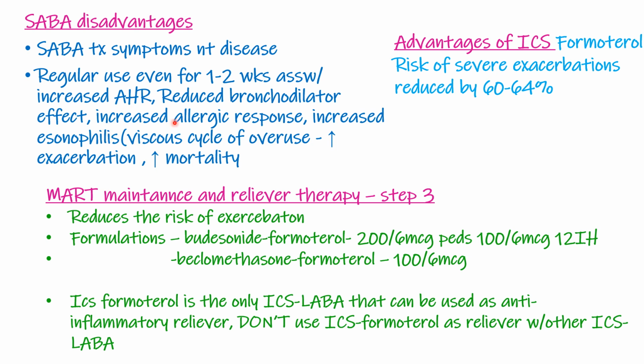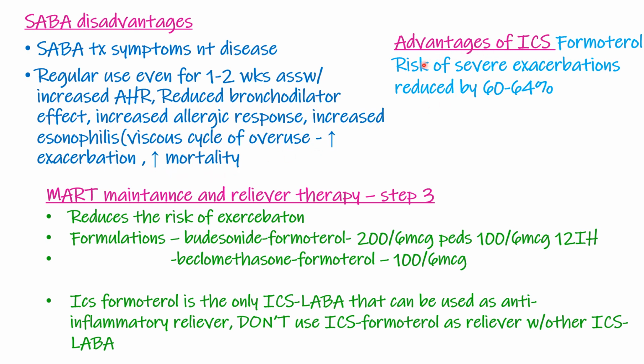And if you notice, all of these were in the pathophysiology of asthma. So it becomes a vicious cycle of overuse, because when I use it, it causes these symptoms. Now, if it causes these symptoms, I'm going to use it to treat those symptoms, but I'm not treating the disease. So in the end this causes increased exacerbation and also increased mortality.